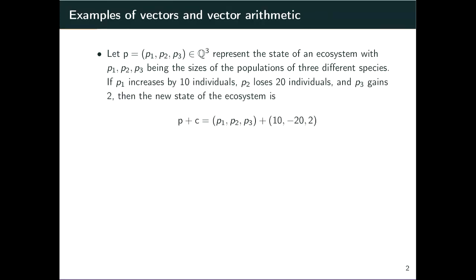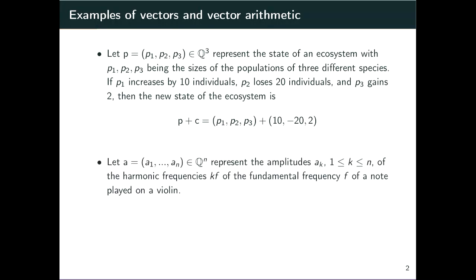If P1 increases by 10, P2 decreases by 20, and P3 increases by 2, then of course the new ecosystem is going to be the sum of these two vectors. If you sum them together, this is just P1 plus 10, P2 minus 20, and P3 plus 2. So that's our new vector.